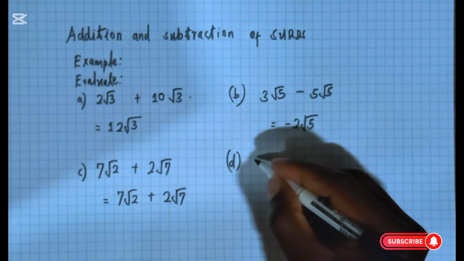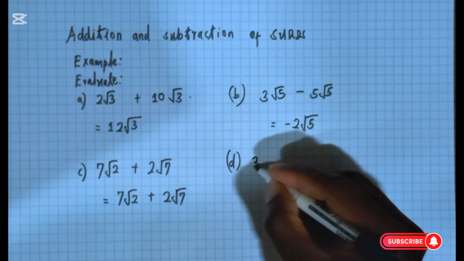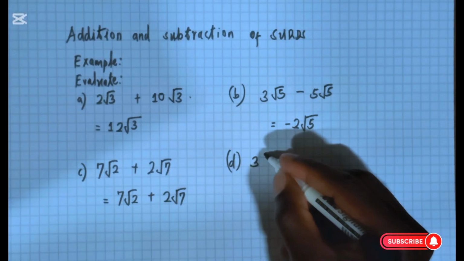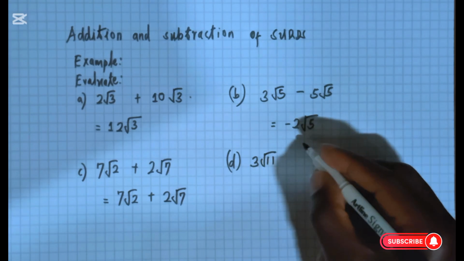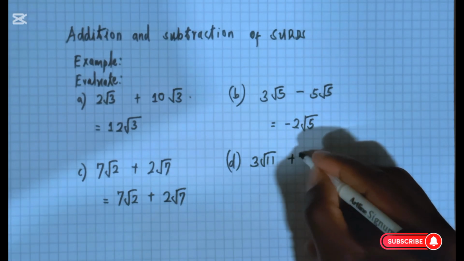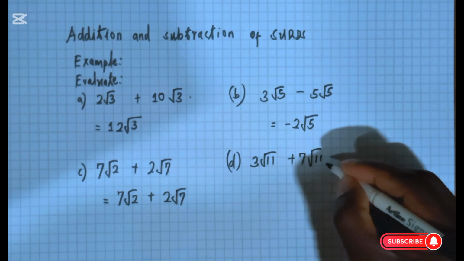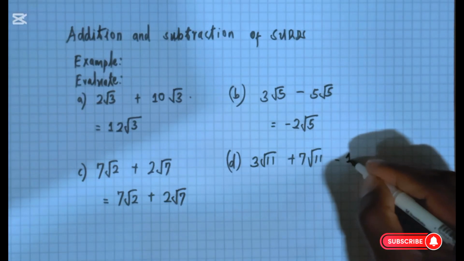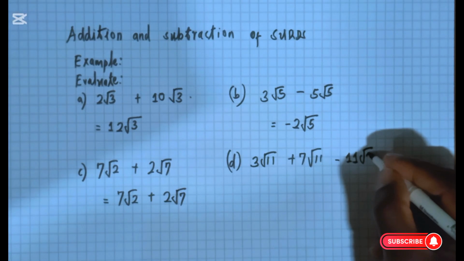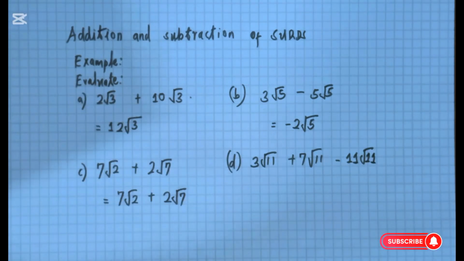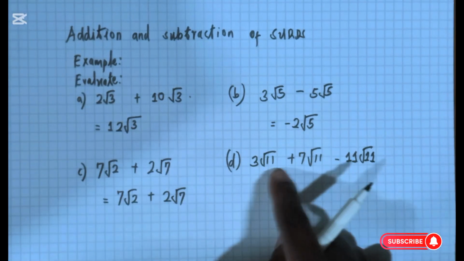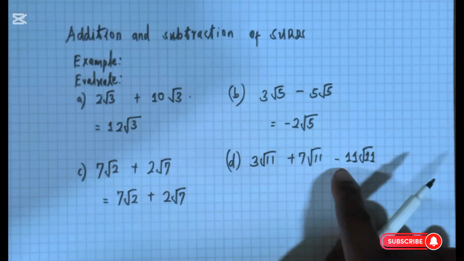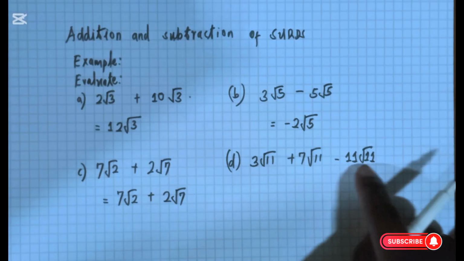Let's look at a situation where you're given 3 root 11, okay, plus 7 root 11, minus 11 root 11.